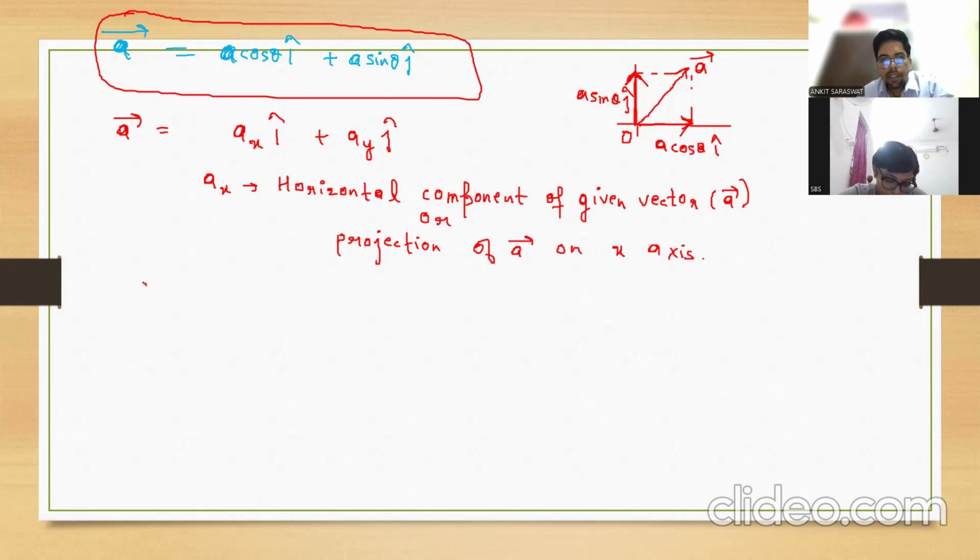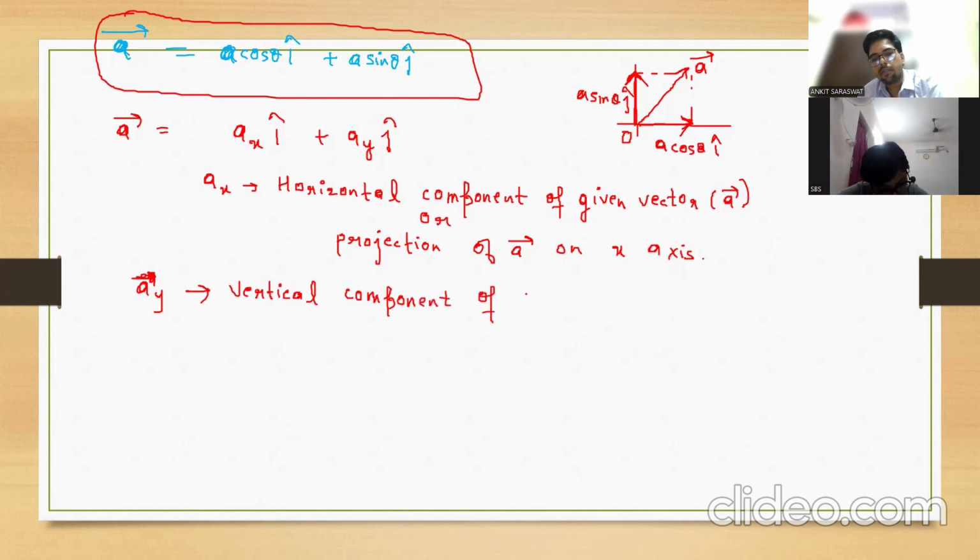Similarly, AY is the vertical component of the given vector.